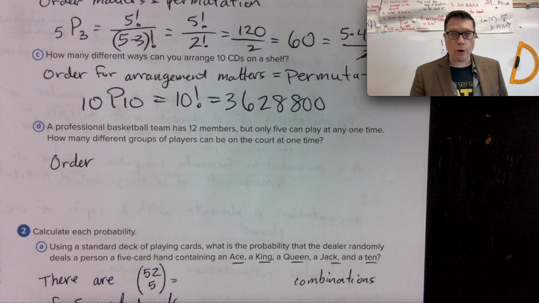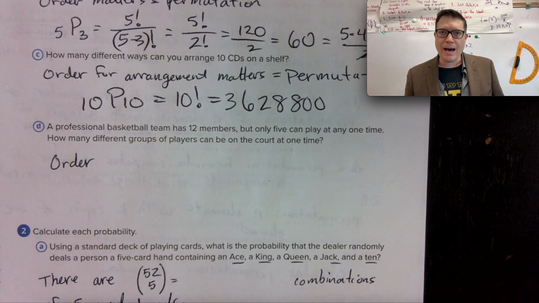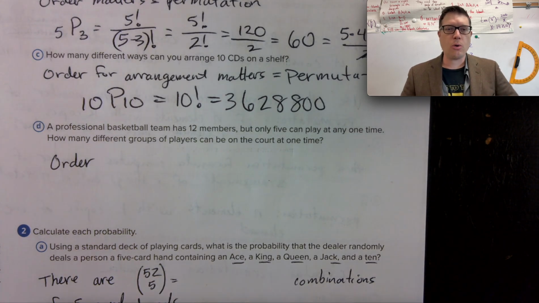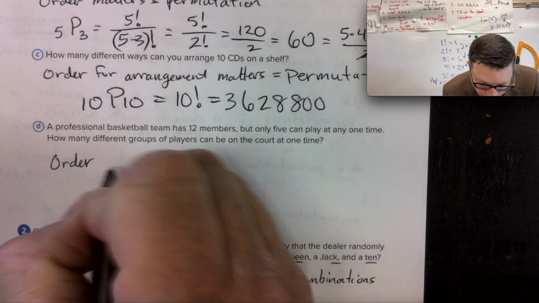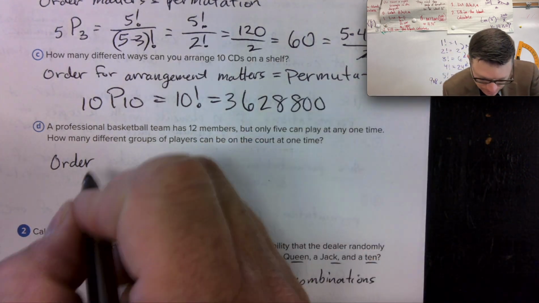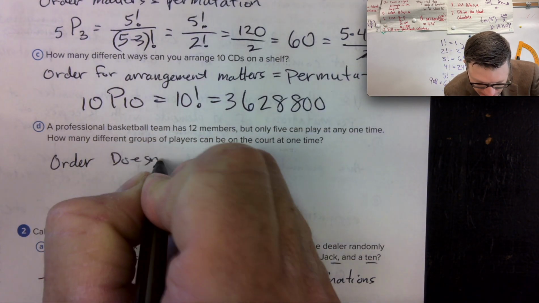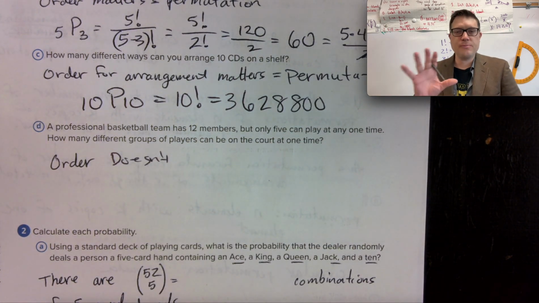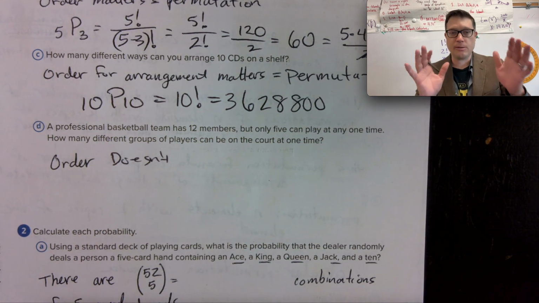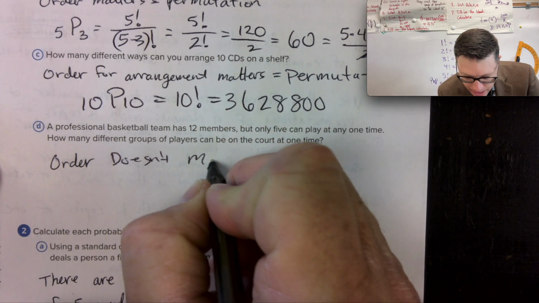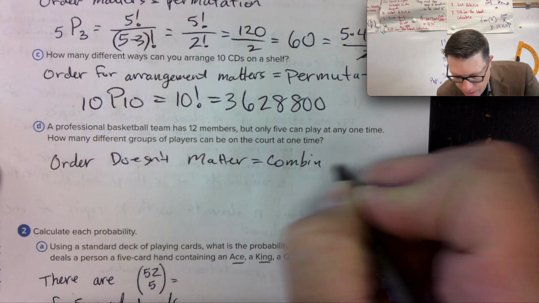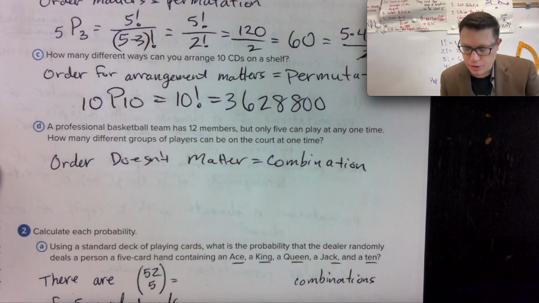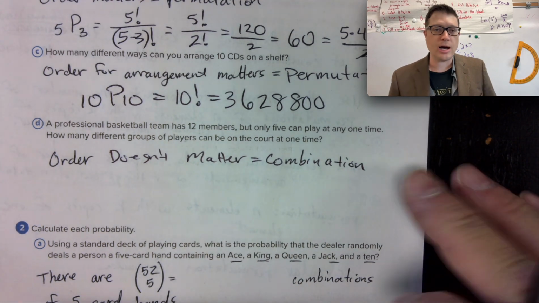But ultimately, no. In this question, mathematically, we just want 5 players on the court out of the 12 on the team. So order doesn't matter. It wouldn't make sense to put members of the team that don't have handles on the court. That'd be bad. But order doesn't matter, so this is a combination. And we will ignore the coach strategy of making sure your best 5 are on the court at all times.